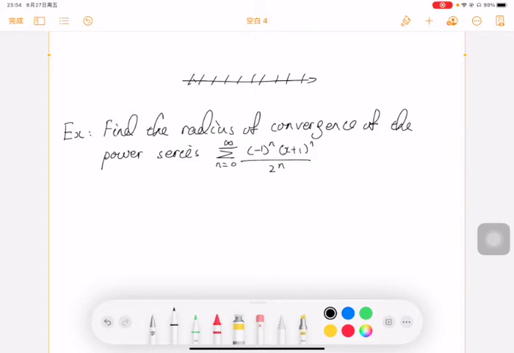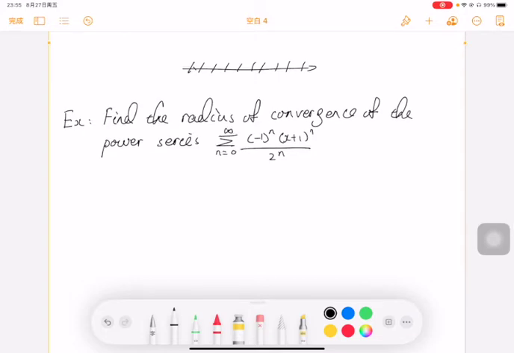So in this case, this is a power series centered at -1, because it's x plus 1 in the parentheses, and the coefficient in front is (-1)^n divided by 2^n.